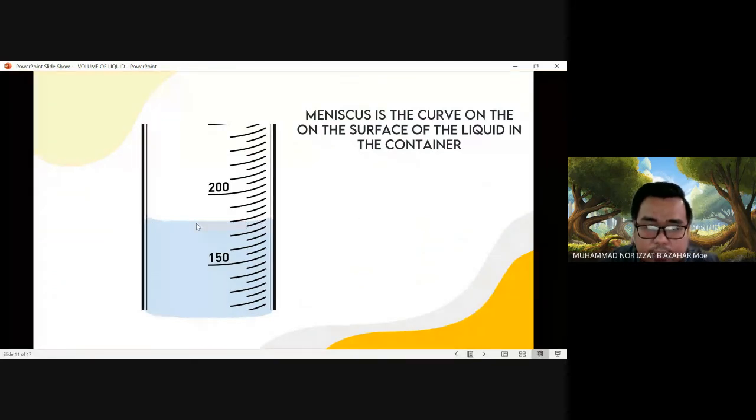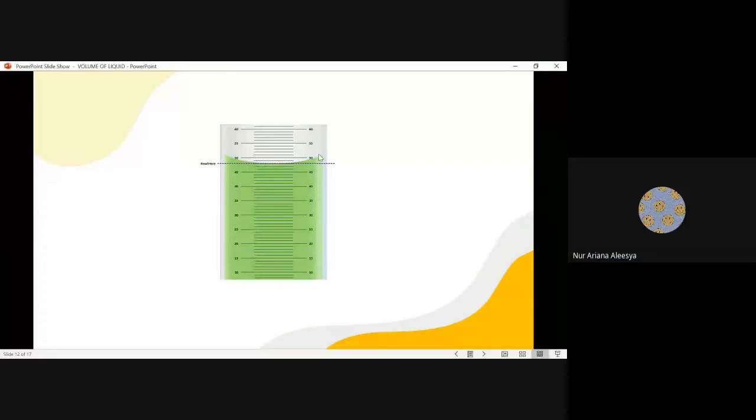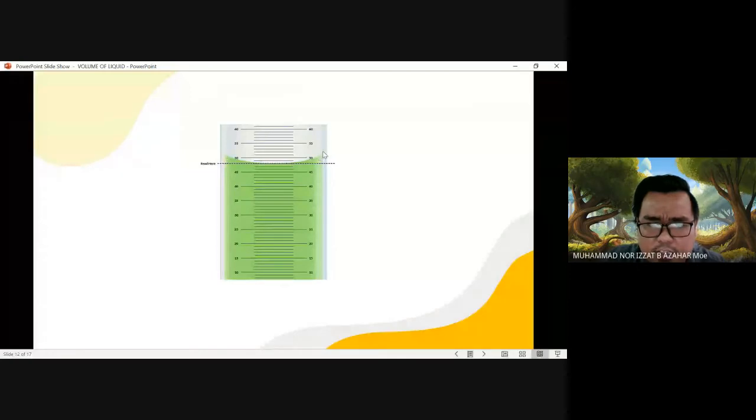So if we take a look at this clearer picture, as you see the liquid is curved. The surface is curved. So this is what we want to read. We take the reading here, not here.